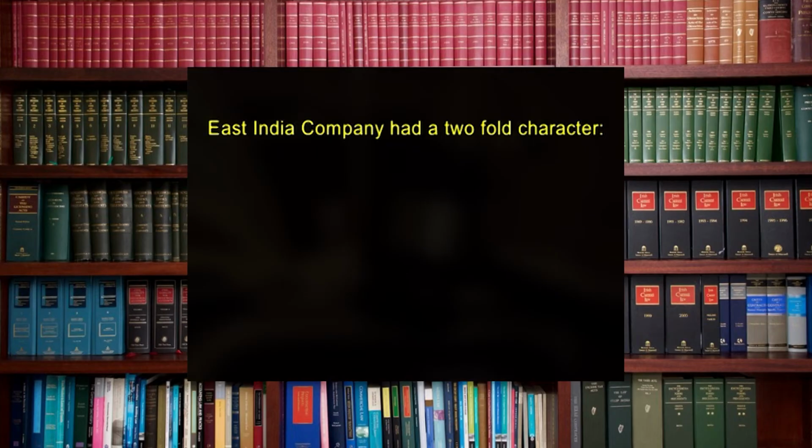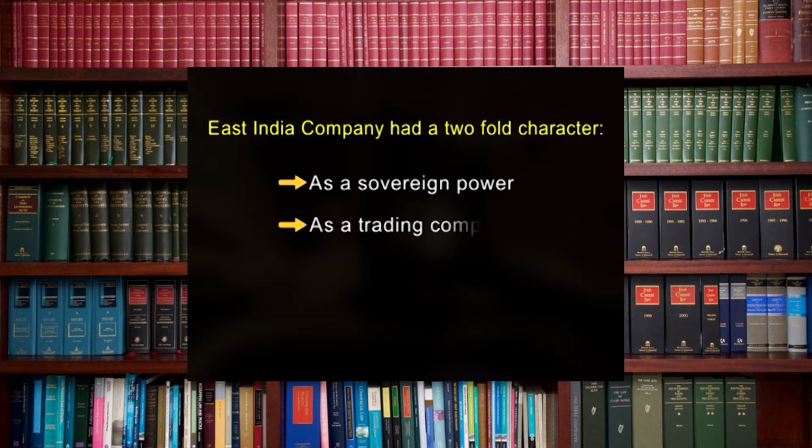Friends, the aforesaid judgment laid down that the East India Company had a twofold character: A, as a sovereign power, and B, as a trading company. The liability of the company could only extend in respect of its commercial dealings and not to acts done in exercise of delegated sovereign power.